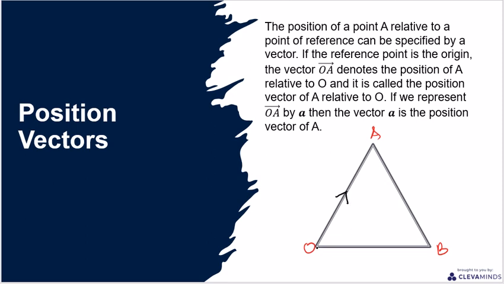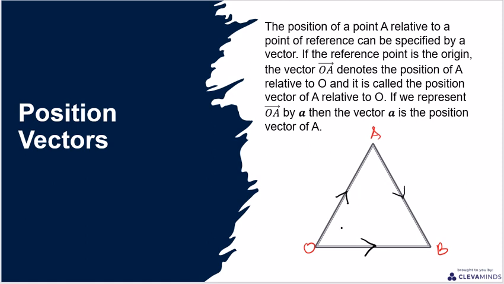Then the same with OB, the two vectors we are talking about. OB meaning from O to B, so it must be in this direction. And this is AB, in this direction.